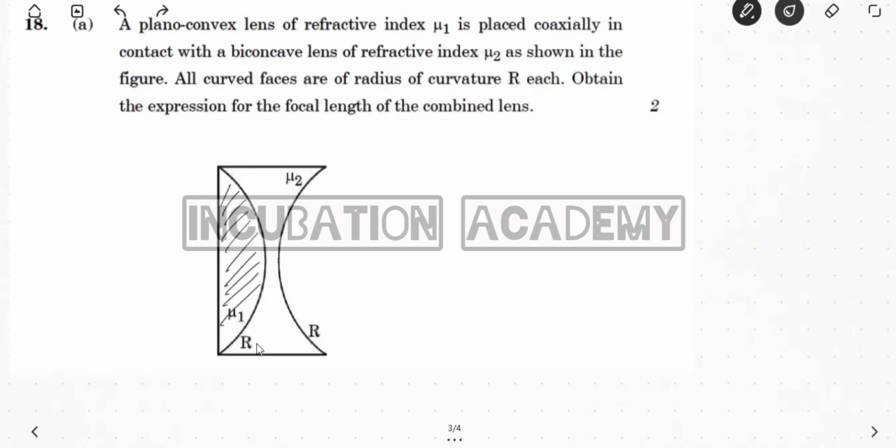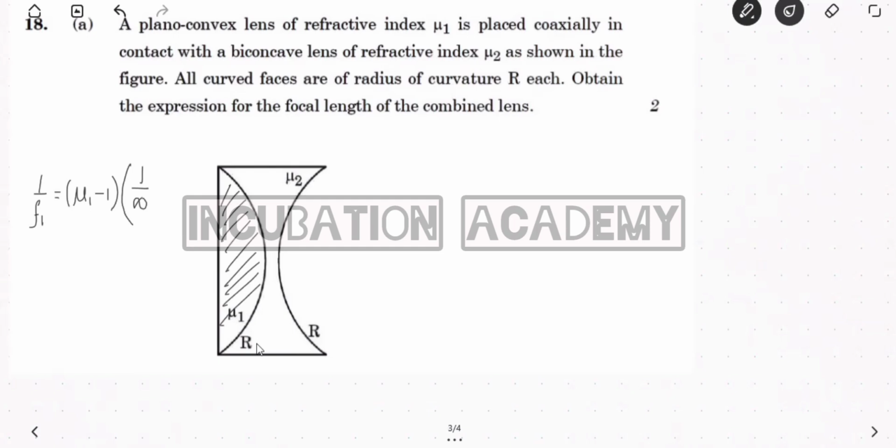Now for this purpose, the formula that we need to use here is obviously the lens maker's formula: 1 by f1 equal to (mu1 minus 1), because here the refractive index is mu1, times (1 by r1 minus 1 by r2). The surface which is in front, r1, is the plane one. Since it is the plane one, 1 by r1 is 1 by infinity, because the plane surface has radius of curvature infinity.